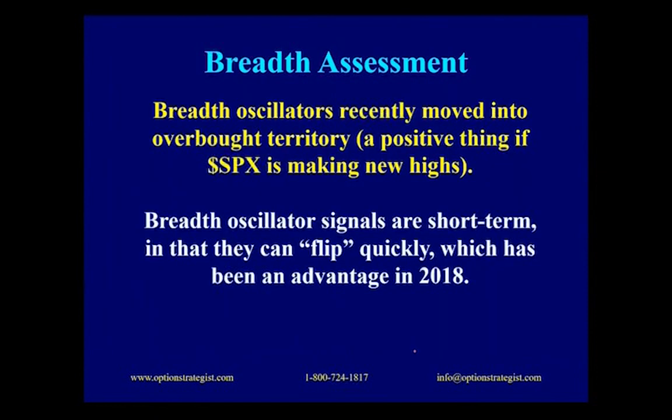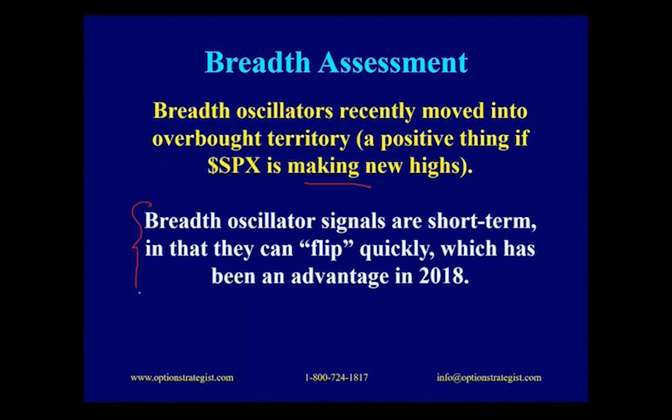Now, as I said recently, these breadth oscillators have moved into overbought territory, which is a positive thing. So they're on buy signals and they're overbought. That doesn't mean they're on sell signals. So we'd have to wait until they went to a sell signal somewhere along the way before we could act on them. So again, overbought does not mean sell.